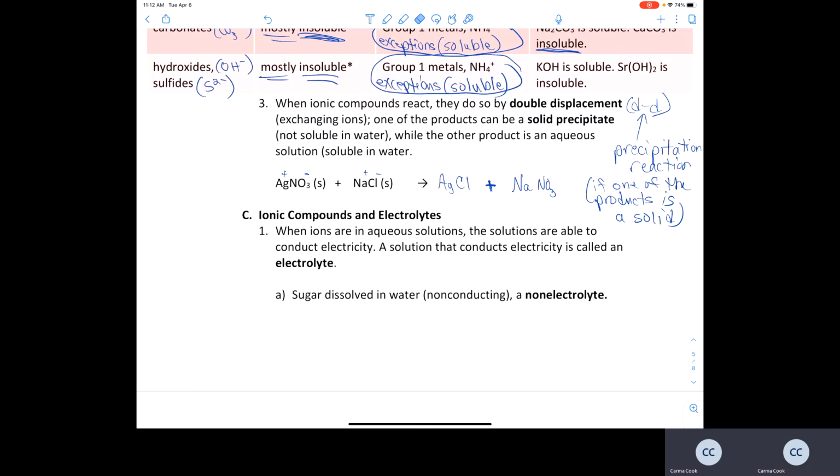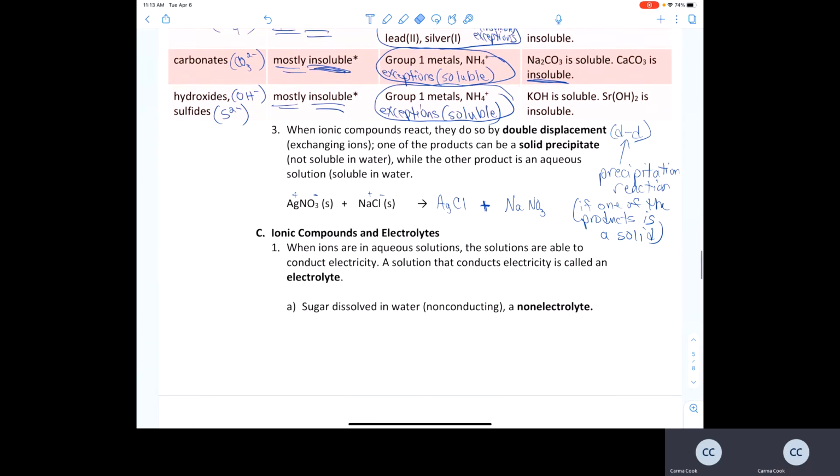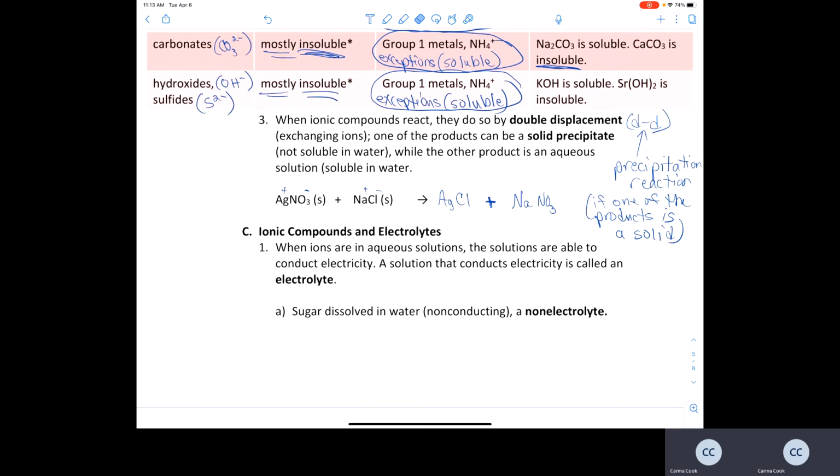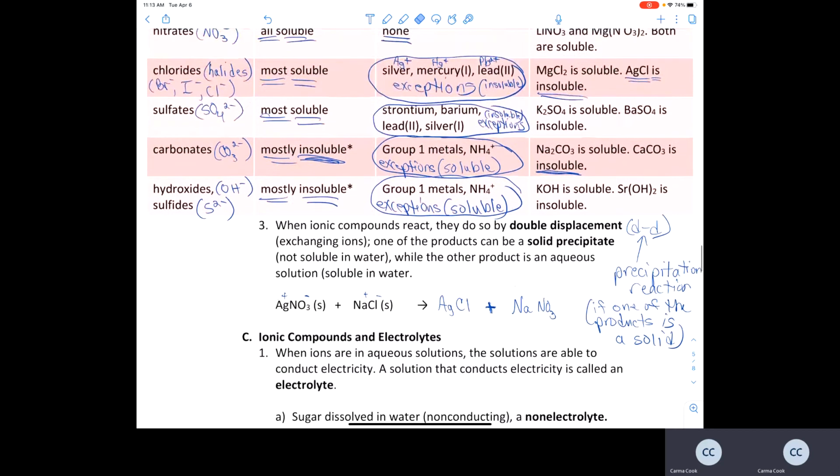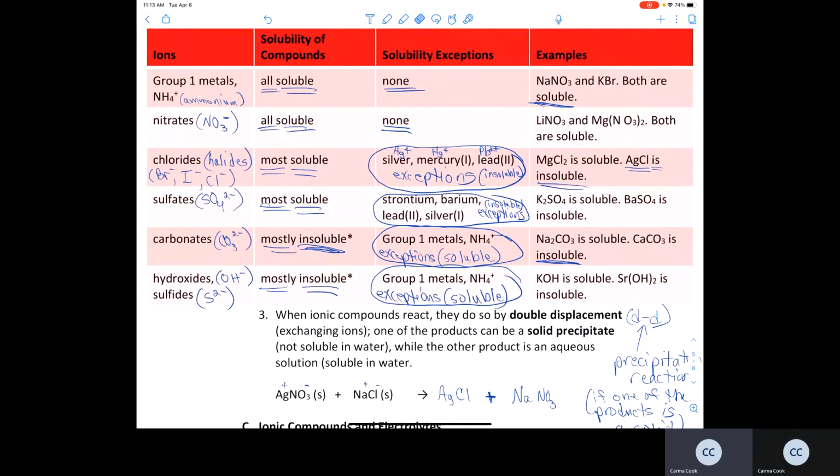So now I've got to decide, is silver chloride a solid, meaning that it didn't dissolve in water? Or did it form an aqueous solution, meaning that it dissolved in water? How do I know? I go to my solubility rules. So I've got a halide. That chloride is a halide. So I go to my halide rules. And it says they're mostly soluble, except if they're paired with a silver, a mercury, or a lead.